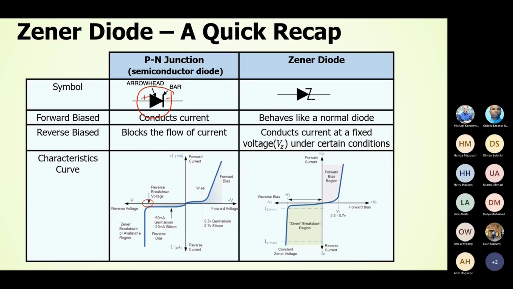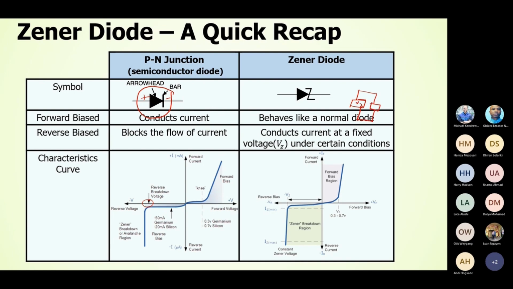So when you put it in reverse bias, its voltage will be roughly constant. This constant voltage ensures that the voltage across our load is constant, because the voltage across two parallel branches is constant.